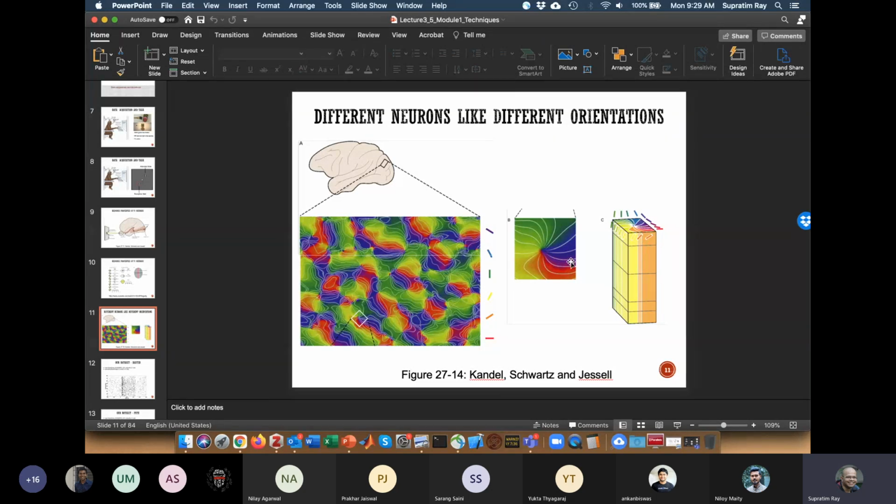And as you are saying, the grouping for ocular dominance actually looks different. It's bigger than the, so orientation is more finely grained than ocular dominance. Spatial frequency is also different.